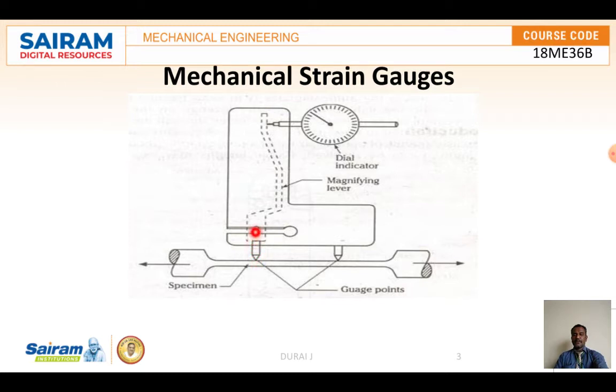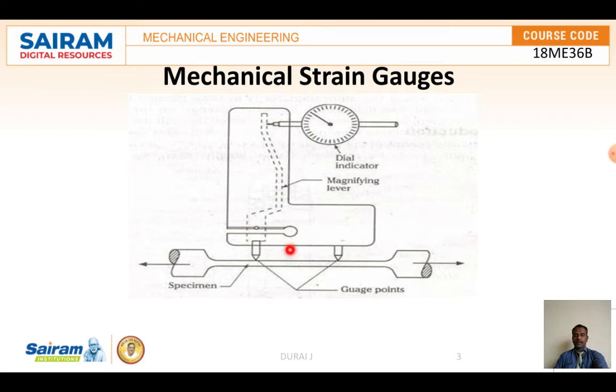The mobile gauge point is connected to the magnifying lever, and this magnifying lever is connected to the dial indicator. The lever magnifies the displacement directly to the dial indicator, and the displacement is used to calculate the strain value.